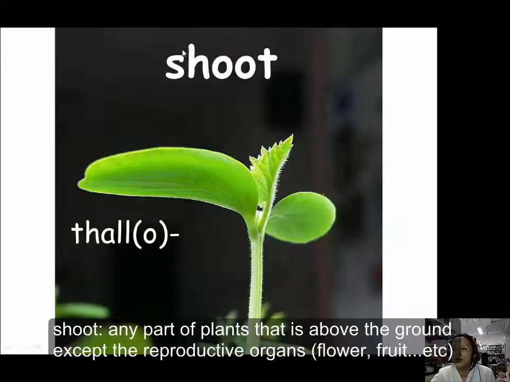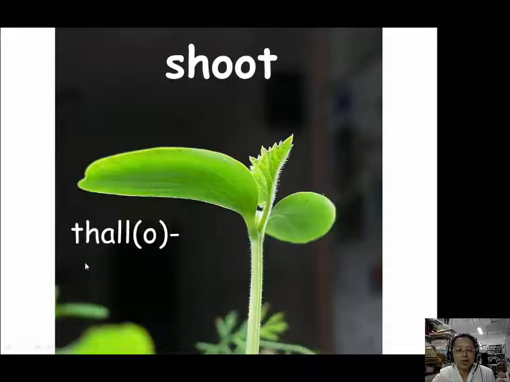And for shoot, we could use this prefix thallo, T-H-A-L-L-O. Recall before when we were talking about prefix and suffix related to chemistry, thallo can also be used for thallium, one kind of element which can be used as a poison.